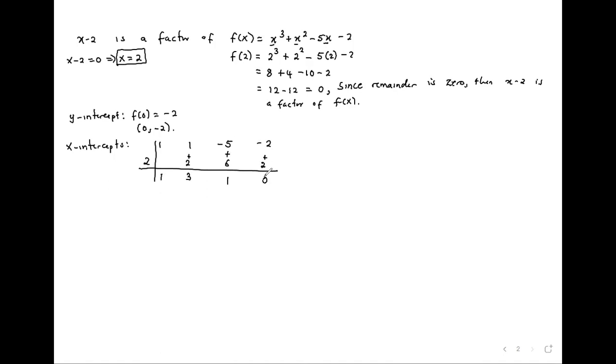So what we have now is f of x might be written as x minus 2 multiplied by the quotient x squared plus 3x plus 1.